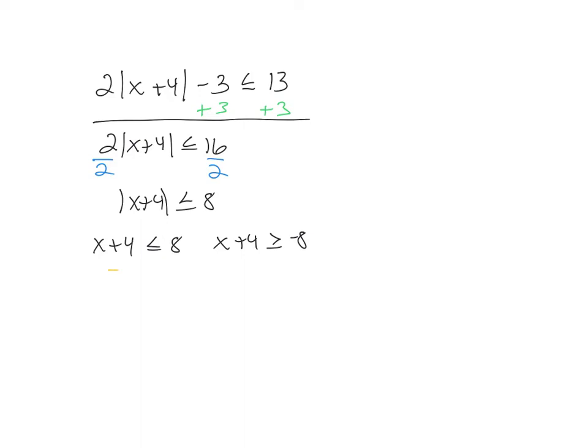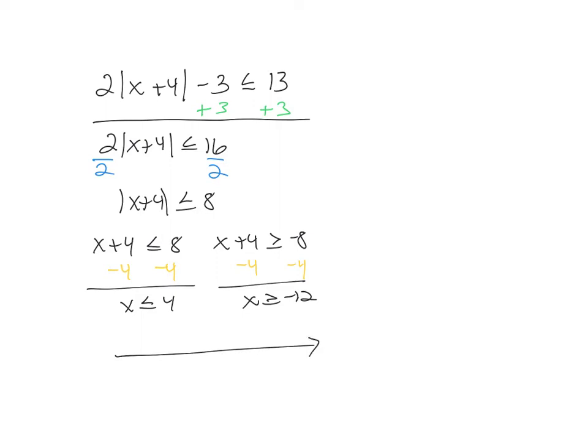And then solve the two inequalities. So when I put my numbers, negative 12 would go over here, 4 would go over here.